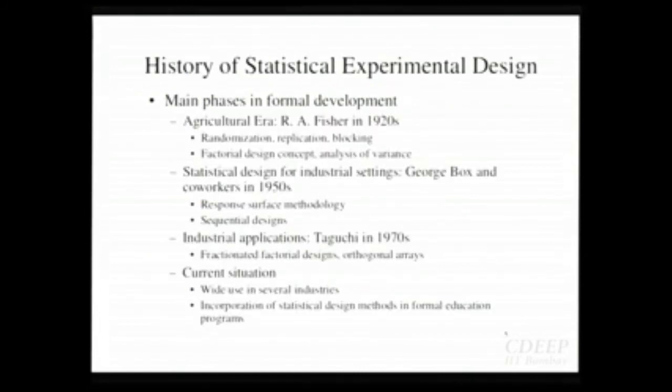Okay, so to give a history of this area of experimental design, you can probably divide it into 2 or 3 phases. The formal development started with Fisher in the 1920s. Fisher was a statistician working in an agricultural research institute.